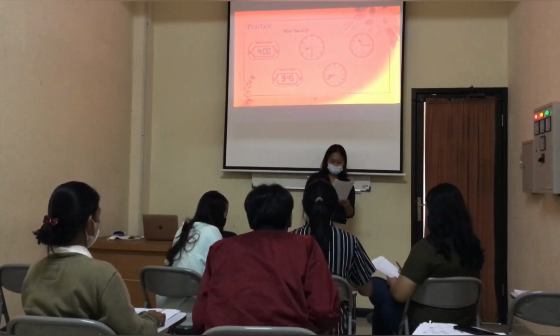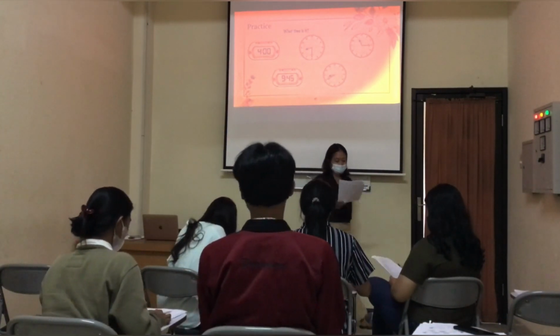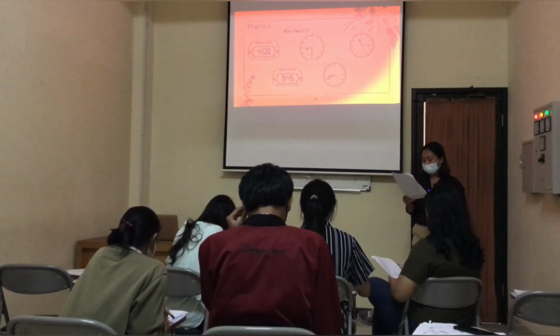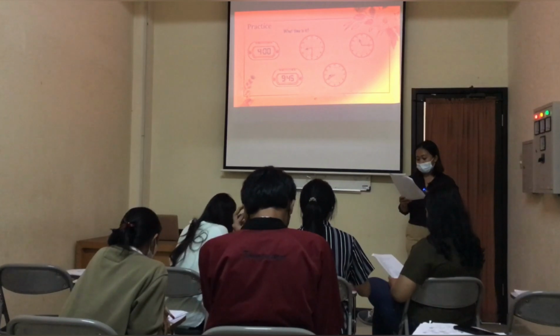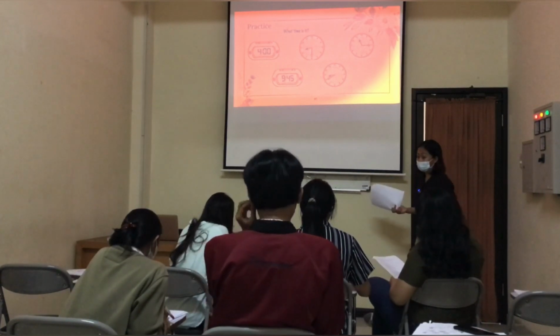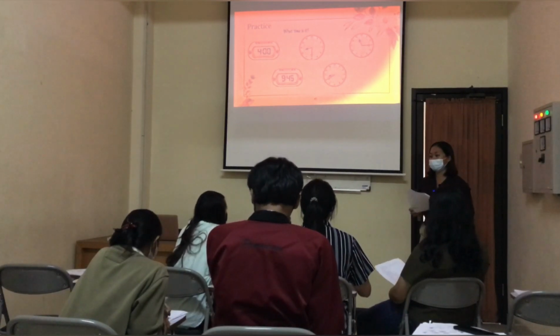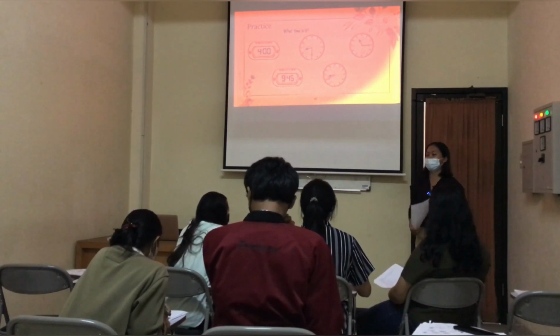Are you ready? Yes. Alright. Now please make a short dialogue about telling time and then perform it in front of the class with your groups, and you have 10 minutes to discuss with your friends.